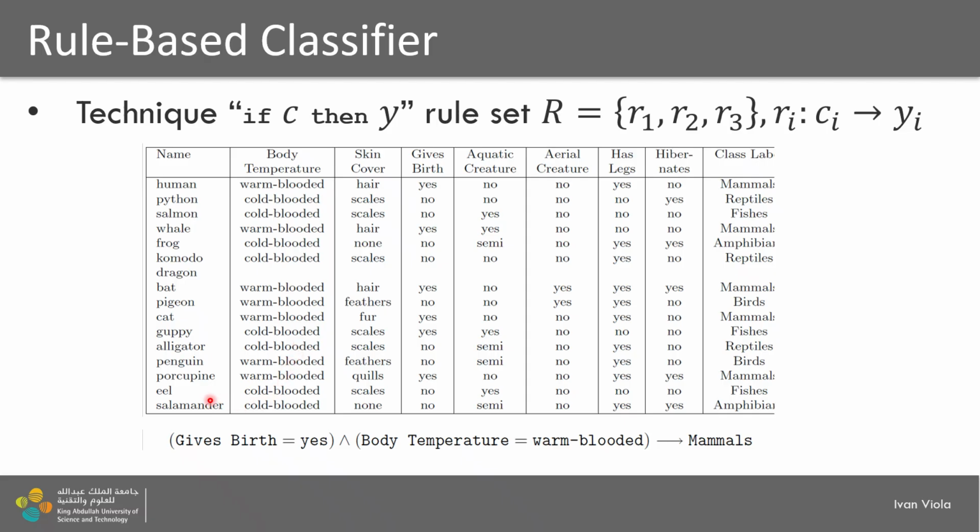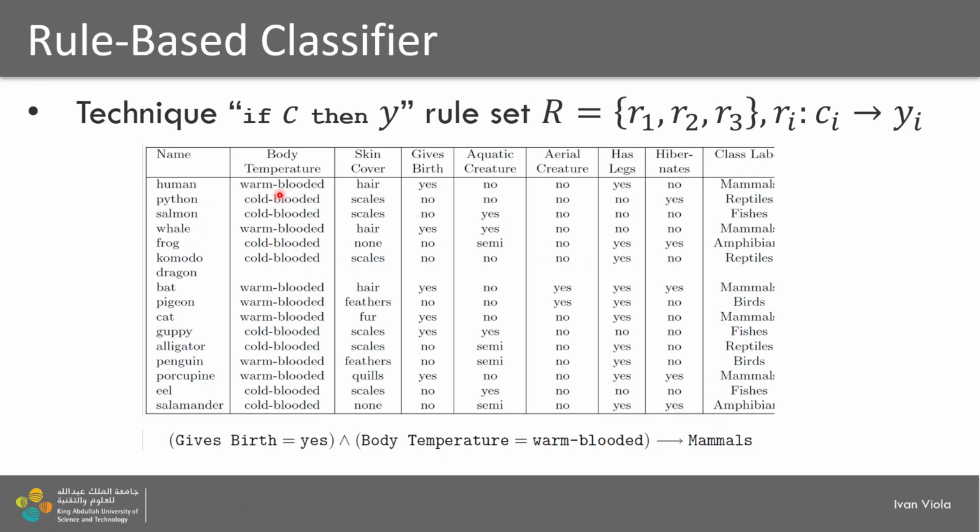And now we can, for example, have a rule condition where the rule is saying: if it gives birth to its young ones, and at the same time the body temperature is warm, this will become a mammal.